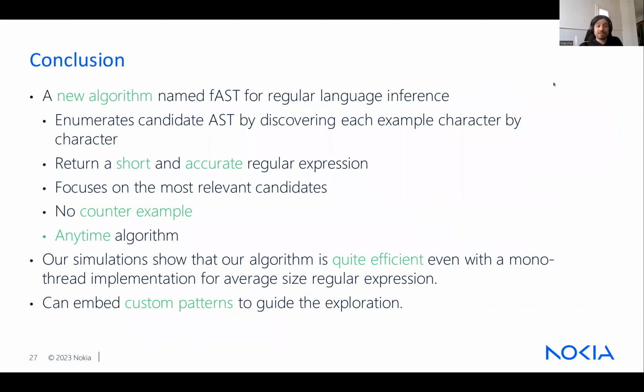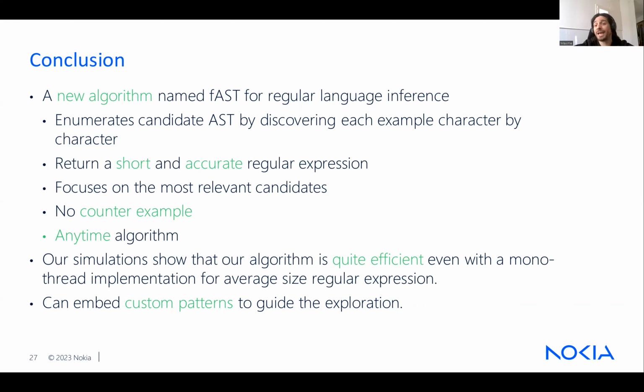So that's it. I presented our new algorithm that we called fAST for regular language inference. What is nice with it is that it's the only proposal we know so far that works only with examples and without counterexamples.